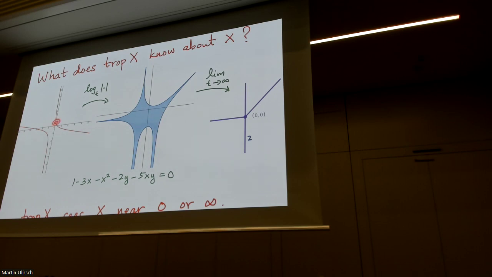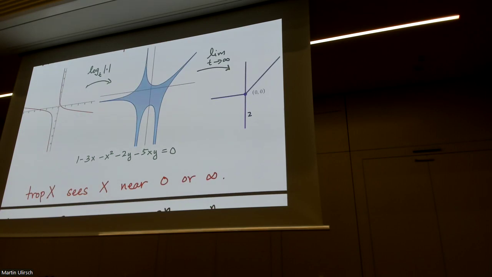So this tells us that my curve crosses the y-axis once. And these two rays right here, or the multiplicity 2 in my limit, tells me that it crosses the y-axis twice here. Also, these infinite rays tell you in which direction my variety goes to infinity. These two asymptotically go in the same direction, logarithmically, and these are seen by this direction. So in particular, the tropical variety sees the behavior of my variety near 0 or infinity.